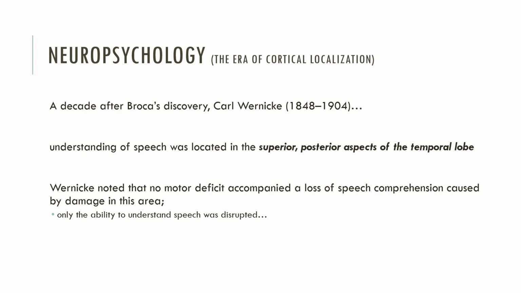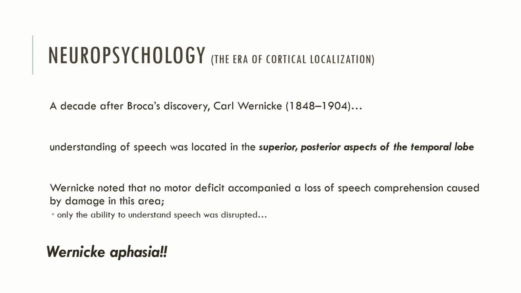Only the ability to understand speech was disrupted, which means that motor production of speech may be localized in a different area from speech comprehension. This was very important in the advancement of cortical localization. This deficit was called Wernicke aphasia, a loss of speech comprehension caused by damage in the superior posterior aspects of the temporal lobe.